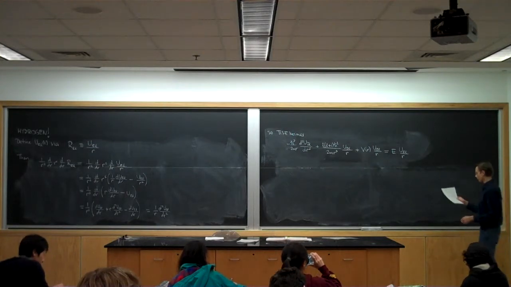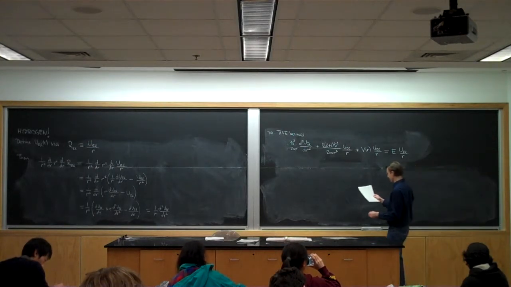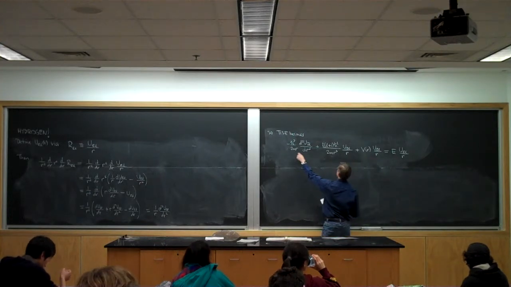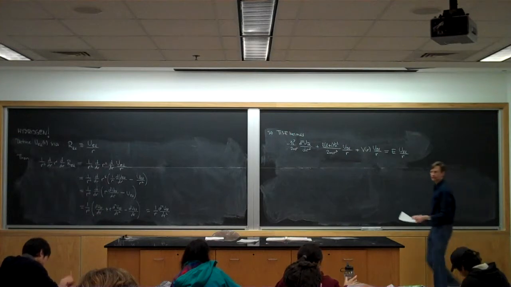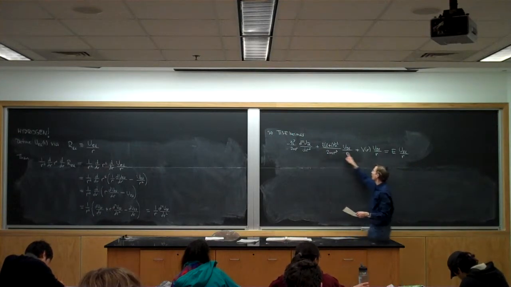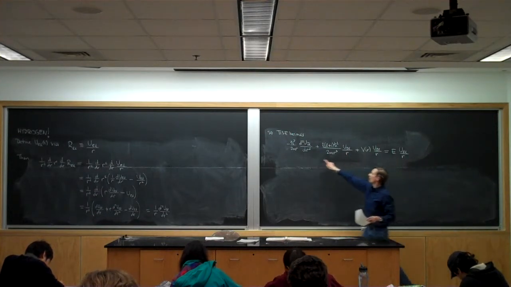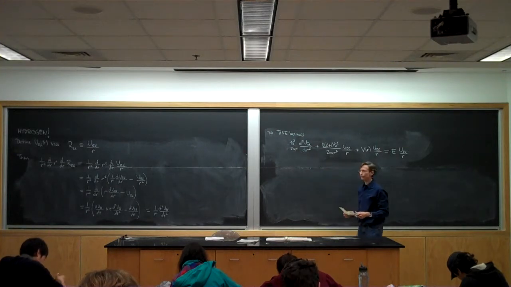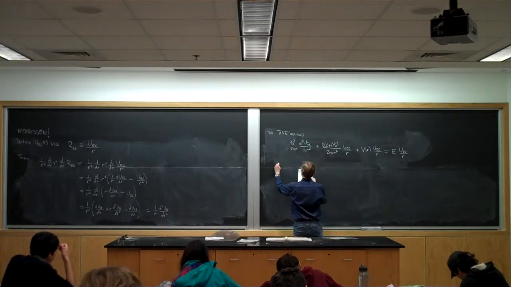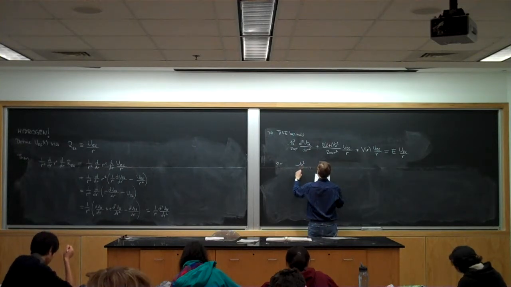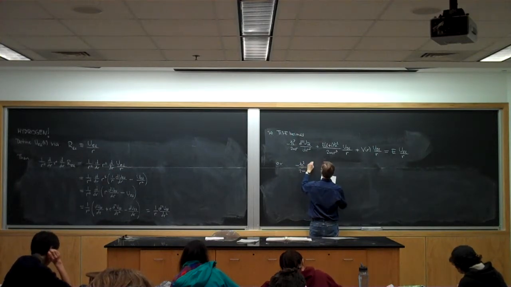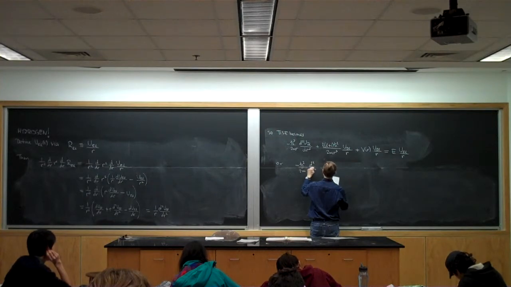And so then we've noticed that, oh look, I can clear those 1 over r's that are common to every term in there. I can just multiply through by r to clear these 1 over r's that are hanging out everywhere. So minus h bar squared over 2m d squared/dr squared as an operator.